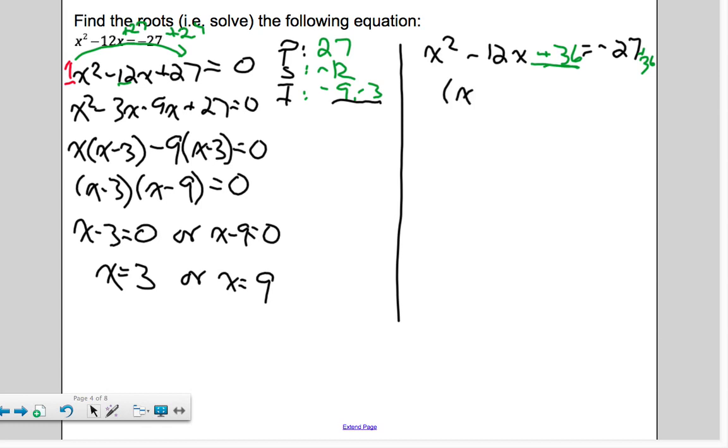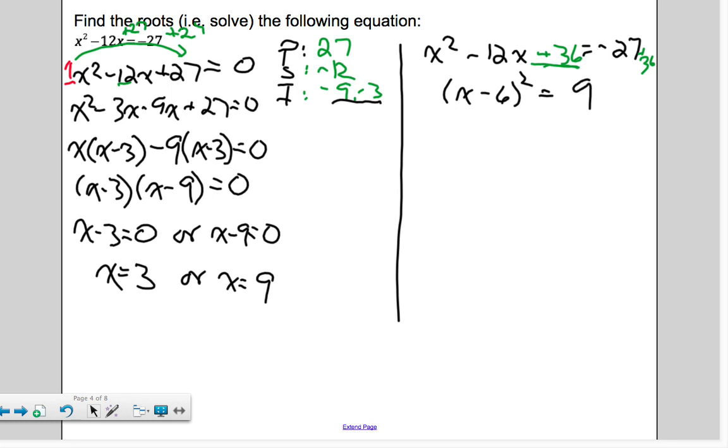So now what's left on the left is x minus 6 quantity squared, which is what we're looking for. So we get that binomial squared. Simplify the other side. Negative 27 plus 36? 9, right?